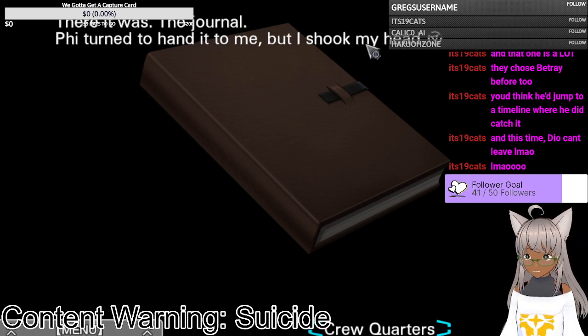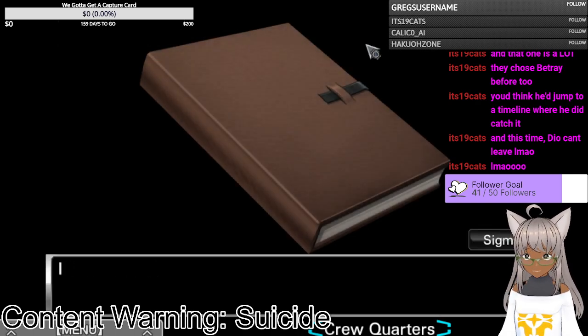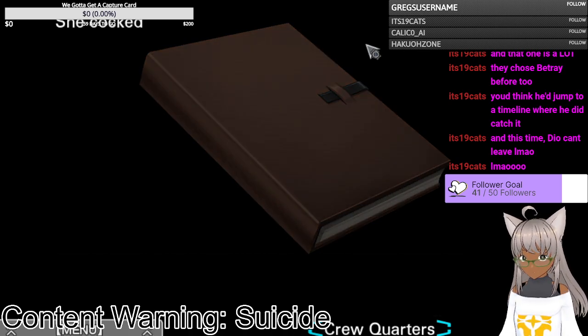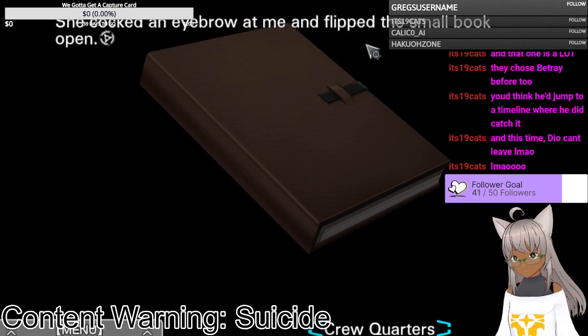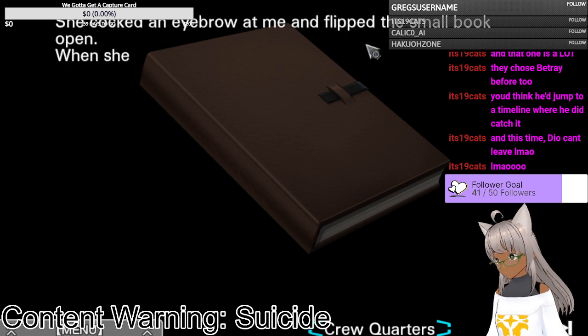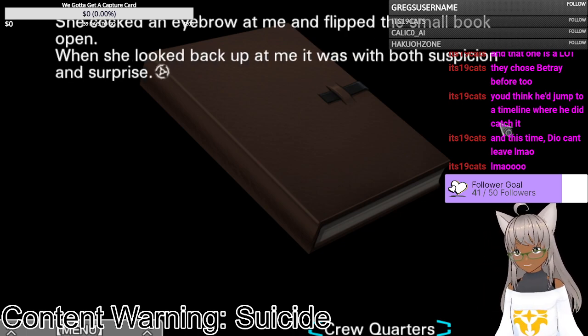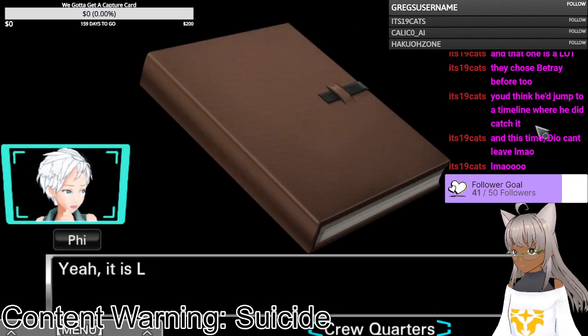Fi turned to hand it to me, but I shook my head. You read it. It's in Latin. I can't make heads or tails of it. She cocked an eyebrow at me and flipped the small book open. When she looked back up at me, it was with both suspicion and surprise. Yeah, it is Latin.